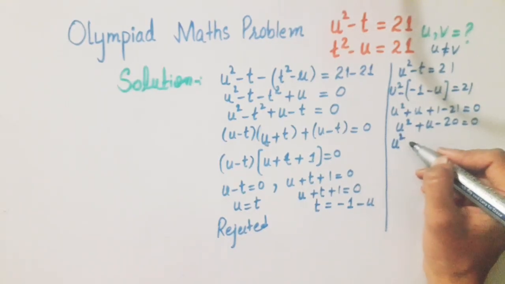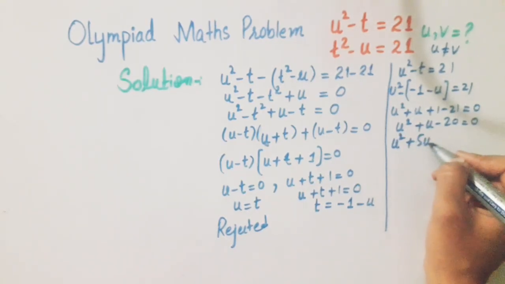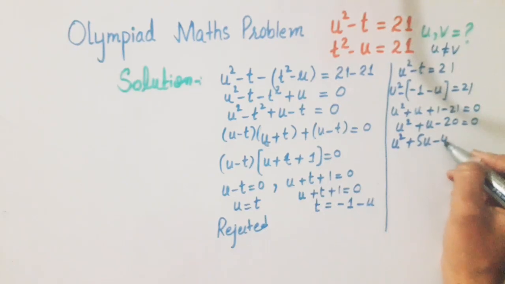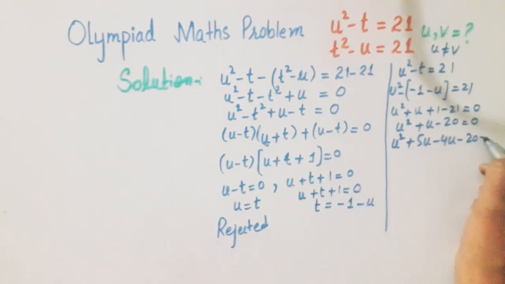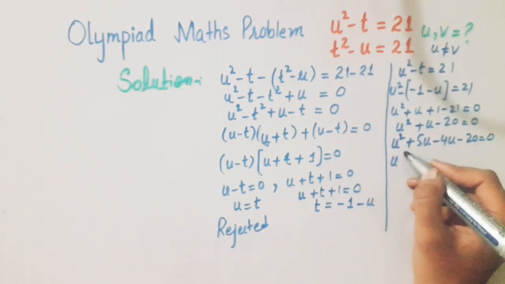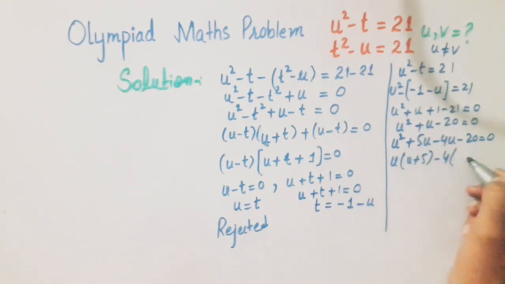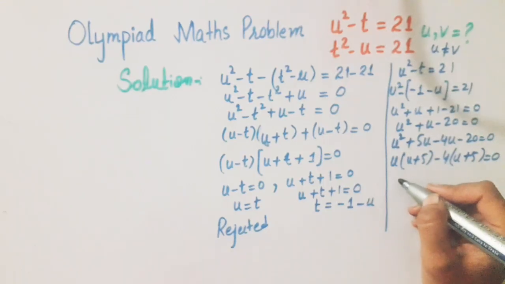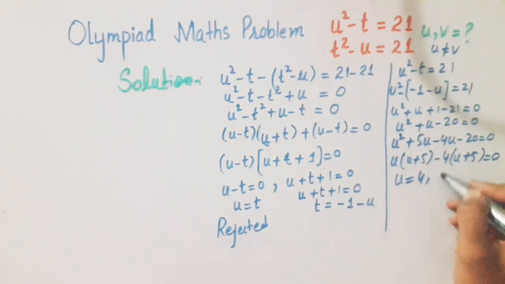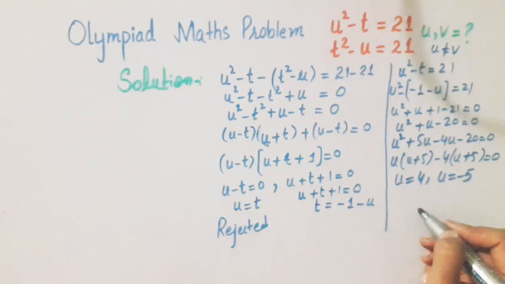So u square plus 5u minus 4u minus 20 equals 0. Now taking u as common, remaining is u plus 5, and then minus 4 is common, remaining is u plus 5. Now we have u equals 4 and u equals minus 5.